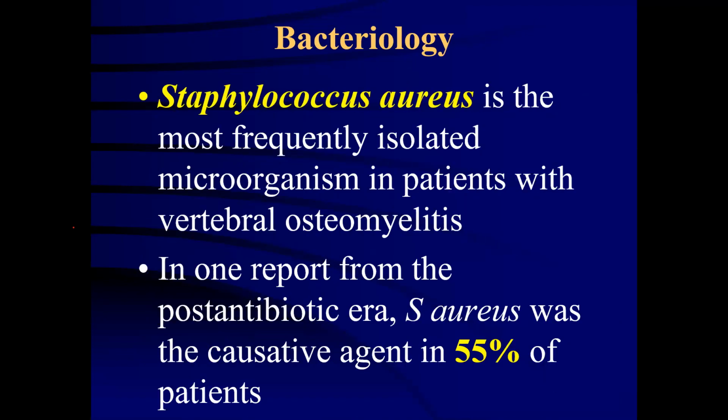Staph aureus is the most frequently isolated microorganism in patients with vertebral osteomyelitis. In one report from the post-antibiotic era, Staph aureus was the causative organism in 55% of patients.